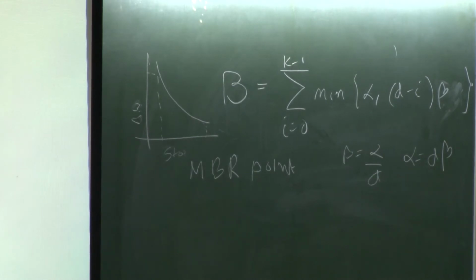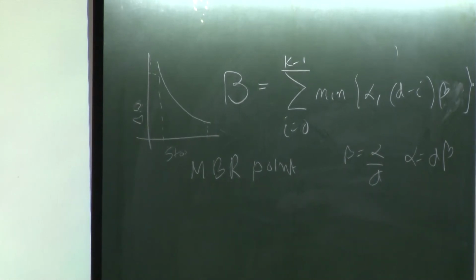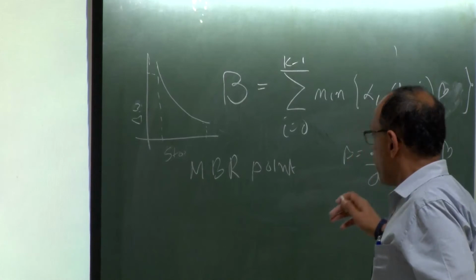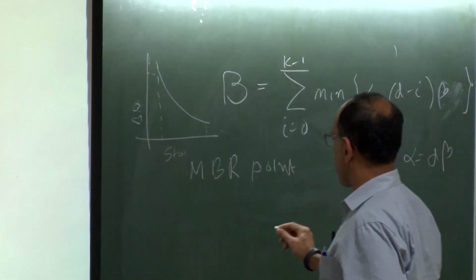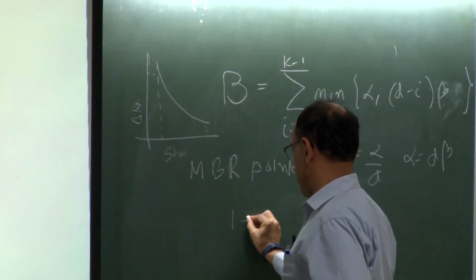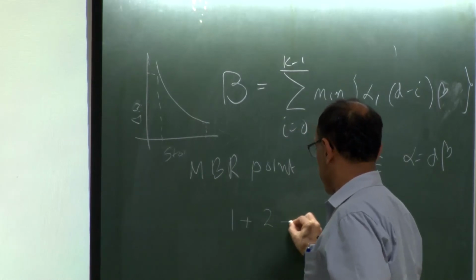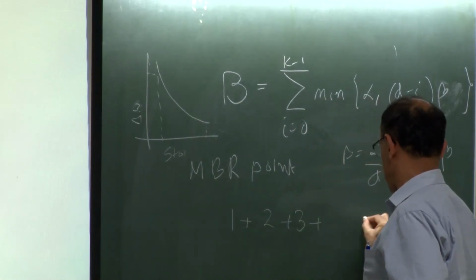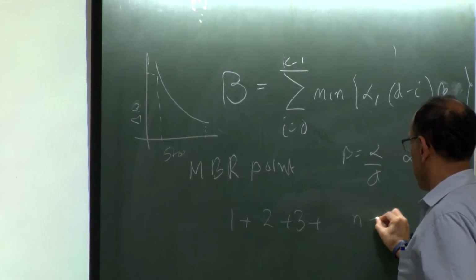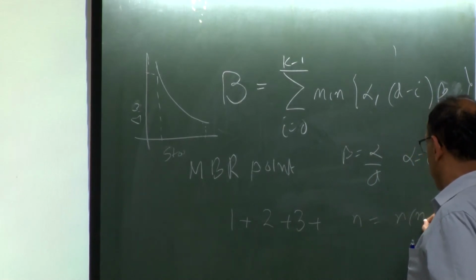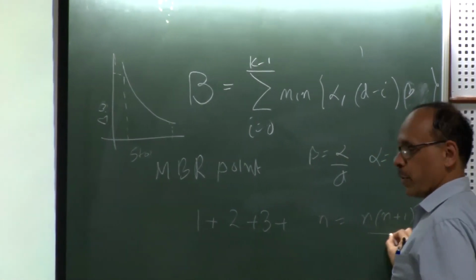But I remember at i equal to 0 you get alpha equal to d beta. So that's what happens. So you have to really apply this. You can solve this problem if you know this particular series, that is n into n plus 1 by 2.